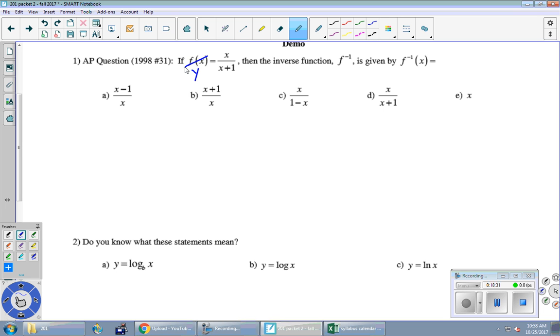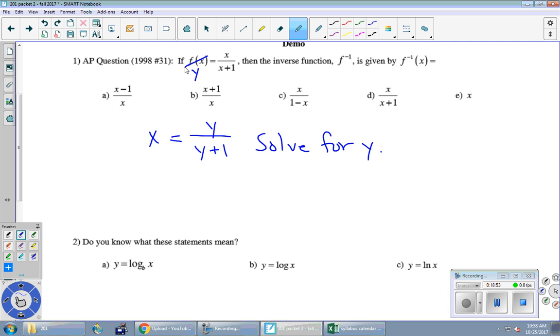And so I will just write the new equation. The y becomes an x. Both of those x's become y's. And then you solve for y. And whatever you get will be your formula for f inverse, okay? So that's an old process. We're not going to do the algebra now, but you can try that later.